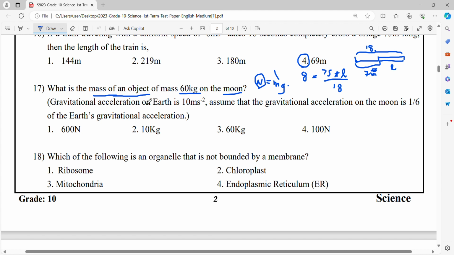As per this, the mass will be 60 kilograms. It will not change from place to place.